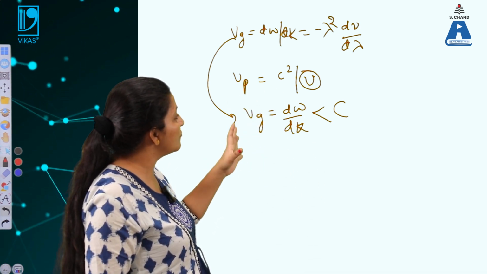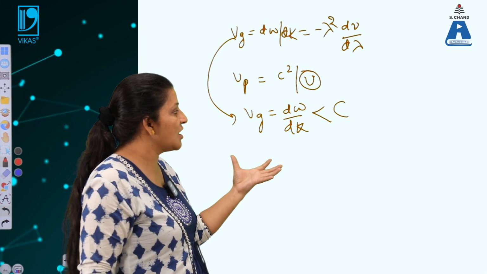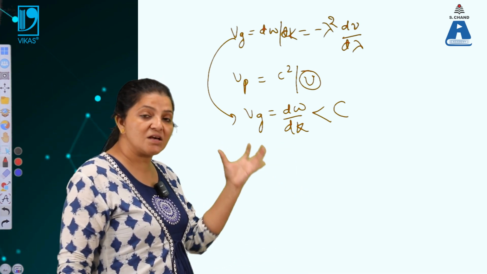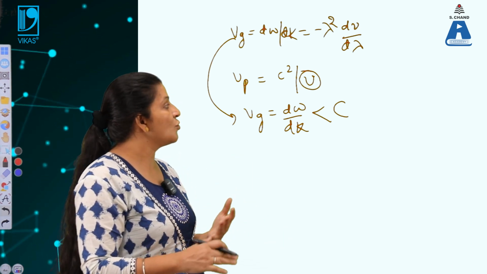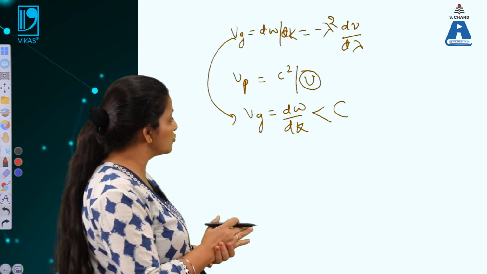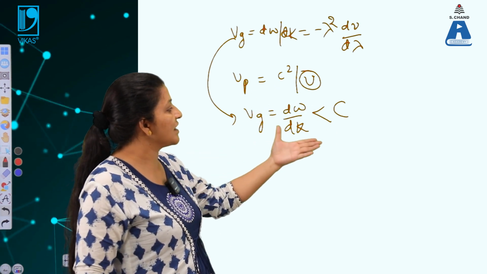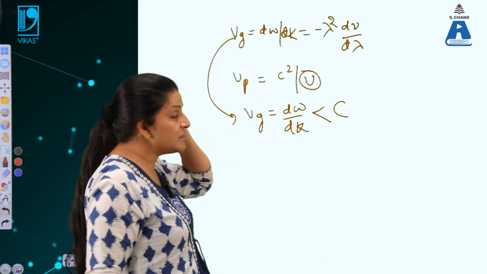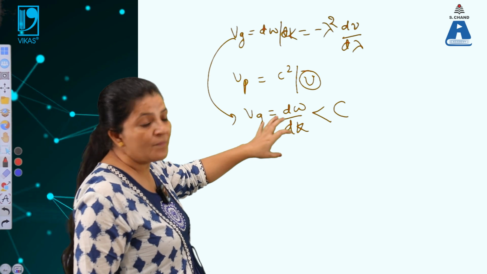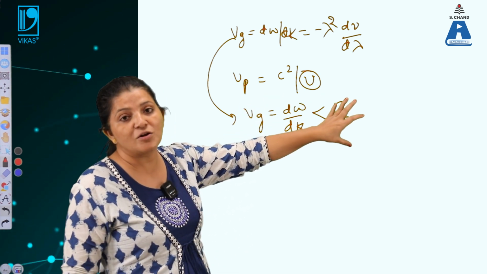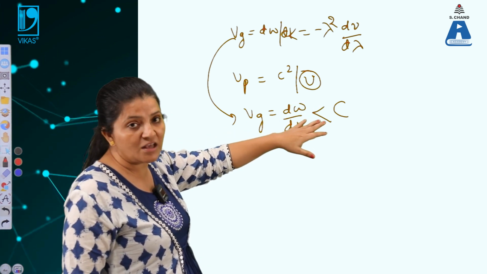These waves represent a single packet, known as the wave packet, and the velocity associated with that packet is Vg, the group velocity, which is always less than or equal to c. Mathematically, this is true, because group velocity is always less than the velocity of light, the maximum velocity any system can attain.